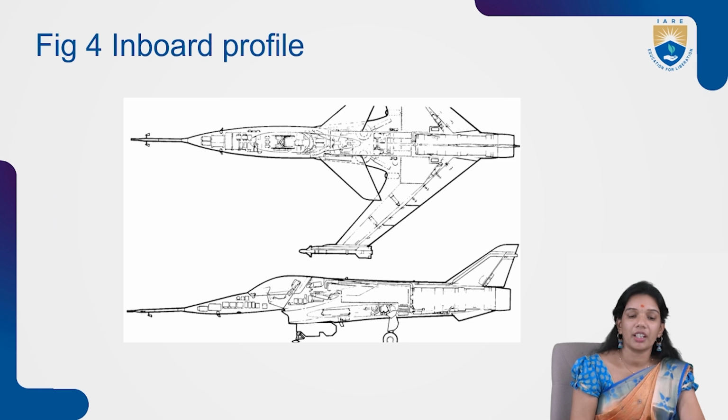And this would take time, and there should be room for all of the components. Only then I see whether there is a maximum CL, or what requirements have been set by the customer. That is what we're trying to fulfill here, right? So that is what a figure 4 inboard profile should look like.